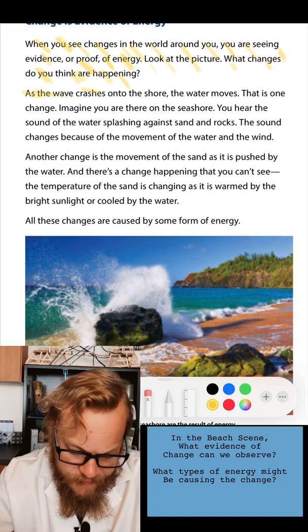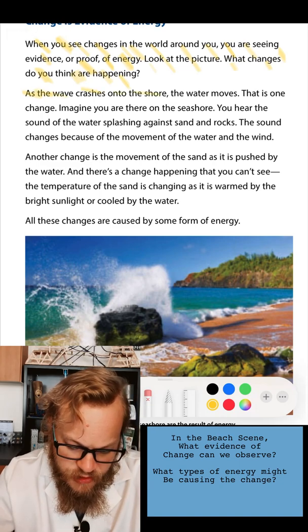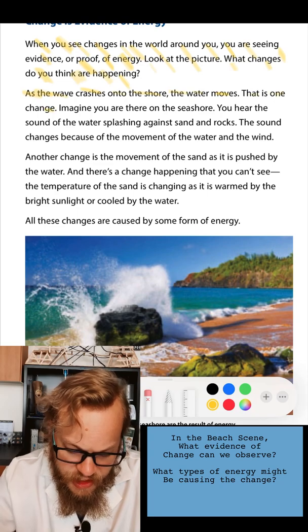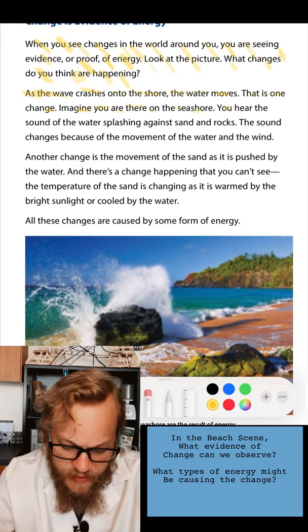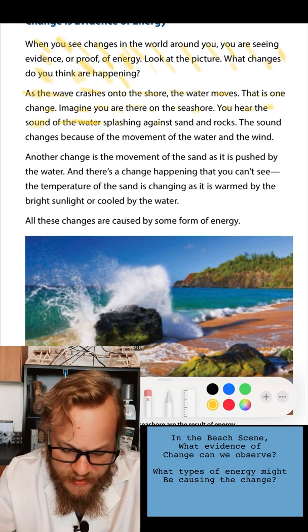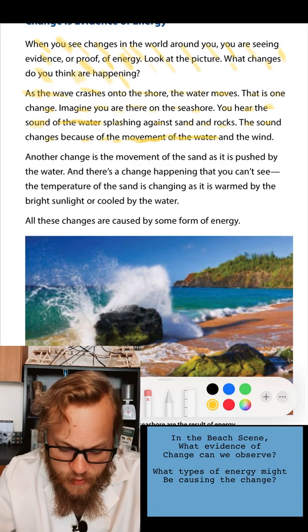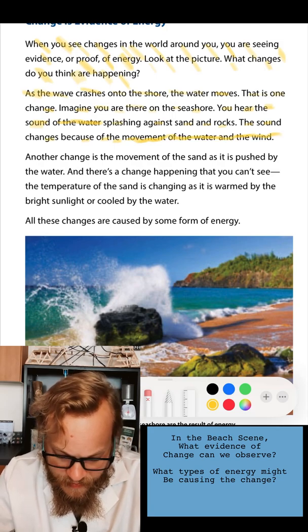As the wave crashes onto the shore, the water moves. That is one change. Imagine you are there on the seashore. You hear the sound of the water splashing against sand and rocks. The sound changes because of the movement of the water and the wind.